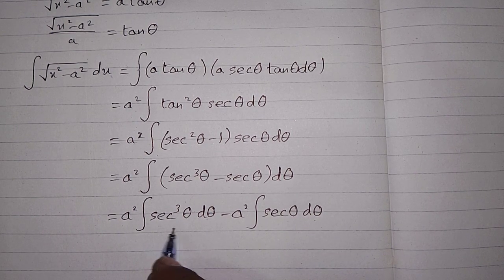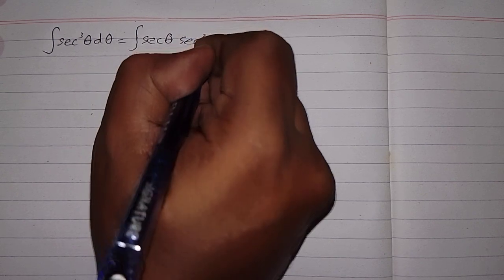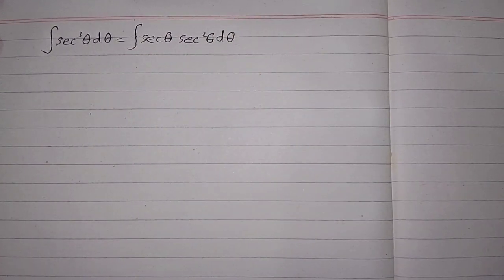Now we will find the integral of sec cube theta. So integral of sec cube theta can be written as integral of sec theta multiplied by sec square theta d theta.